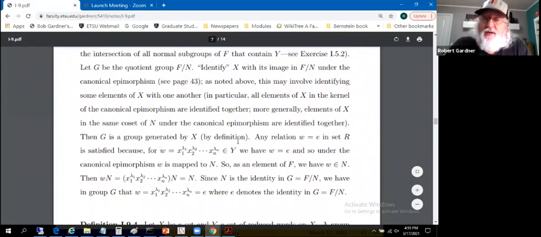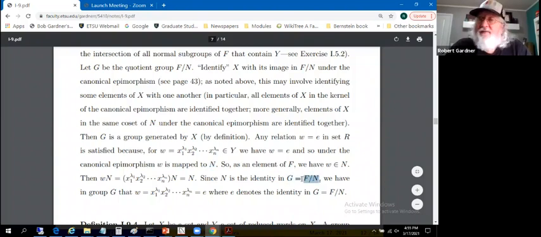We chose X to be a set of generators of group G. Any relation W equals E in set R is satisfied because W will be in set Y, and the relations are W equals E. The canonical epimorphism is going to take that element W and map it to N. Remember, N is the identity in the quotient group.